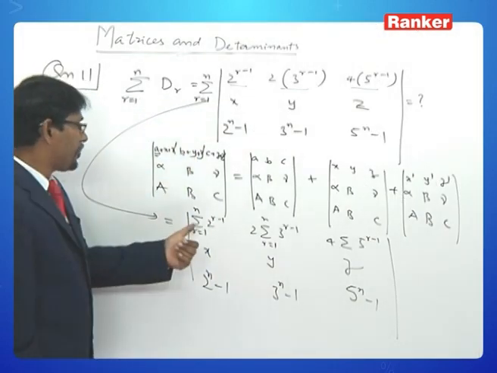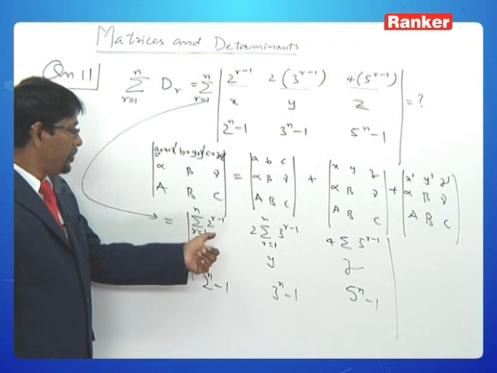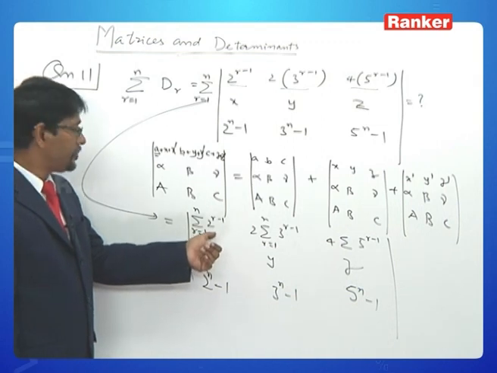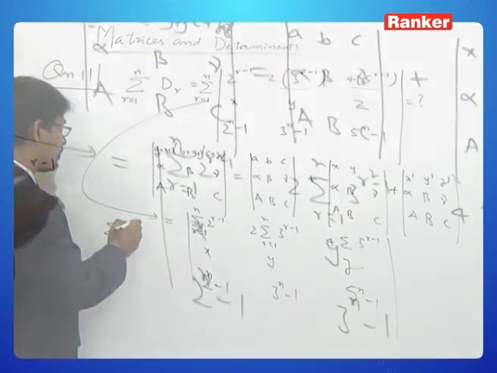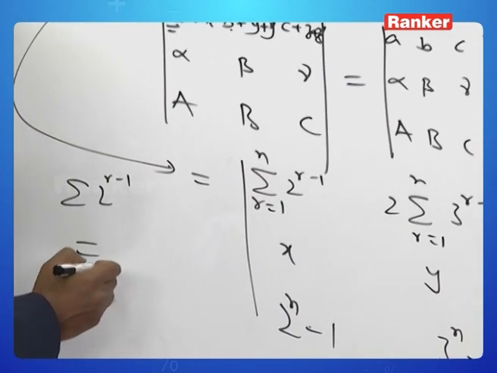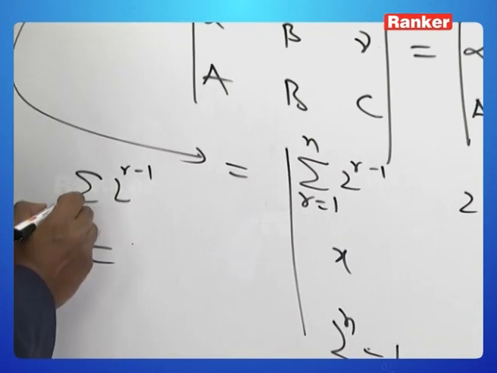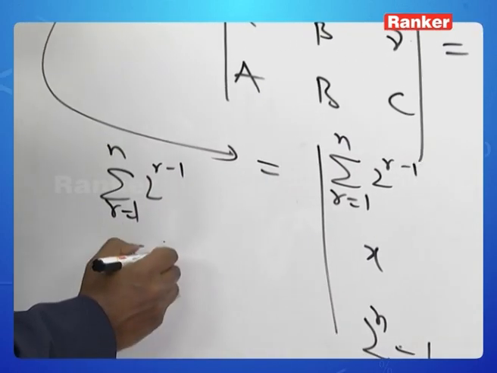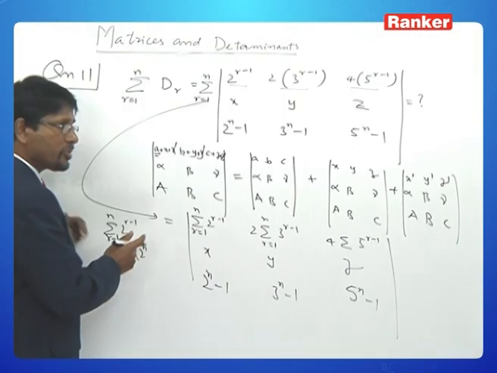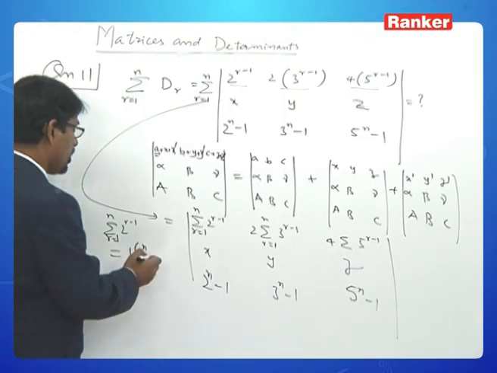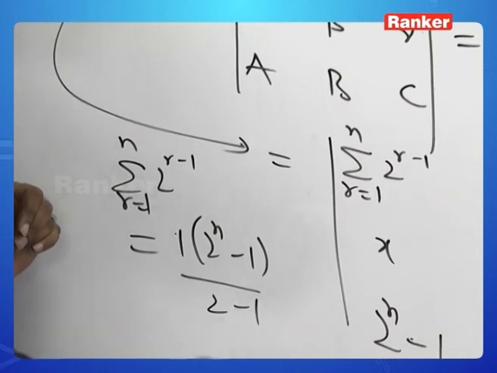Very clearly this is a sum of n terms of a GP, and sigma 2 power r minus 1, r ranging from 1 to n, comes out to be 1 into 2 power n minus 1 by 2 minus 1, as n terms are being added up.